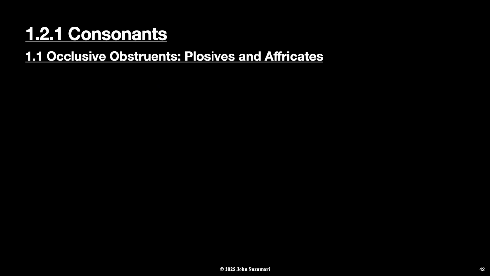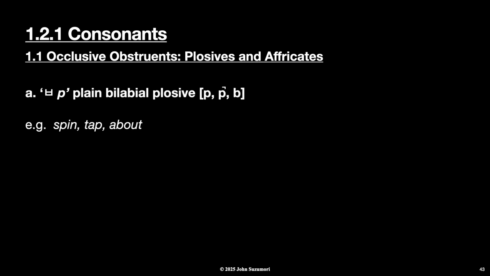Now let's compare Korean occlusive obstruents with their English counterparts. Piyup in Korean is similar to the English P sound as in spin, tap, and when voiced, it is similar to the English B sound as in about.